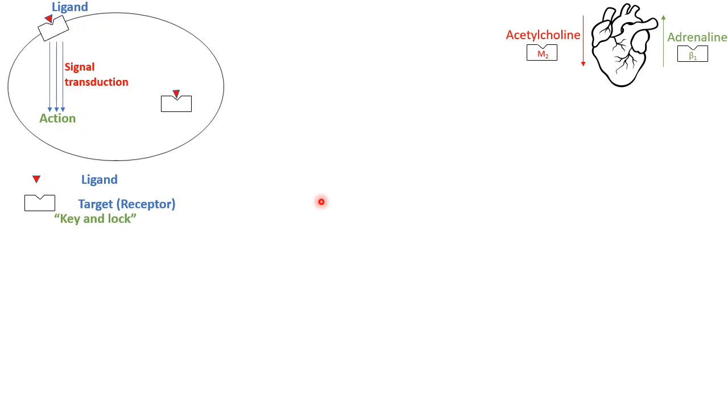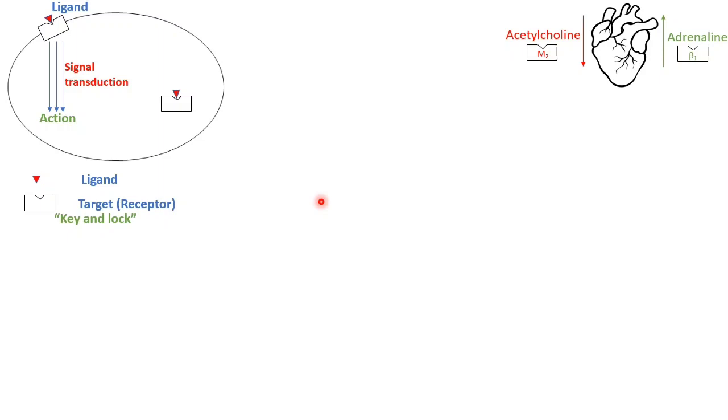Okay, and the net result of the heart rate at rest, which is about 70 beats per minute, is the result of the action of these two ligands, adrenaline and acetylcholine. Adrenaline increases heart rate and acetylcholine decreases it, and the net result is the net of these two actions.